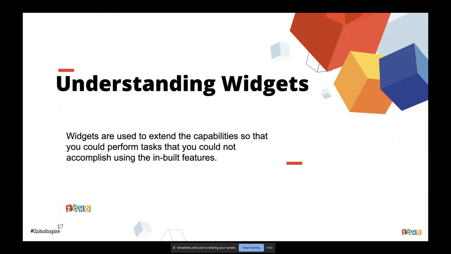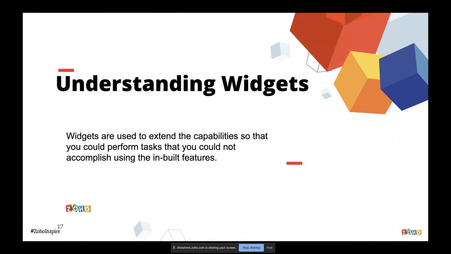But in the current market, to keep up with the pace, Deluge or ZML, the Zoho markup language that we have, just might not be enough. So we decided to introduce a few other programming languages and designing languages into Zoho Creator, and the first of which is JS, right?